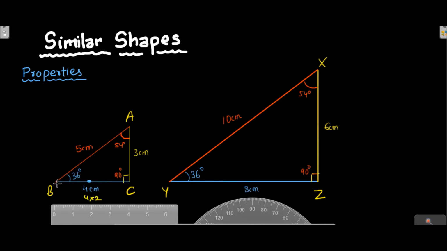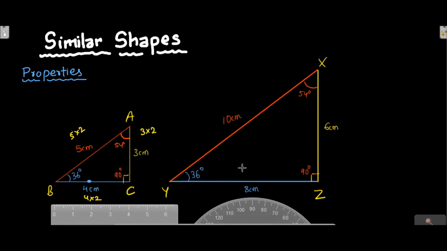Similarly, the diagonal length AB corresponds to XY, so 5 times 2 gives 10 centimeters. The AC side is 3 centimeters and XZ is 6, so 3 multiplied by 2 gives 6.